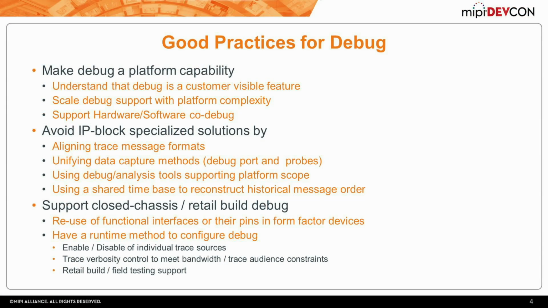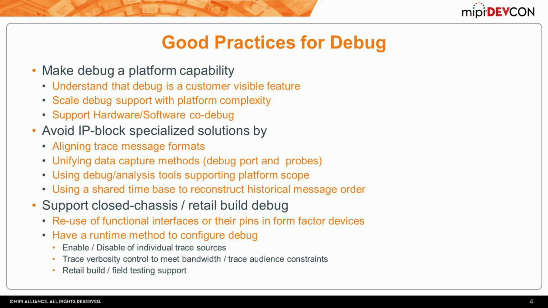So what do we consider good practices for debugging, especially in the mobile space? First of all, it's important that you understand that debug is an important platform capability as well as the functional aspects, and should be exposed and visible to your customers. The debug support in a platform should scale together with the complexity of the platform itself.